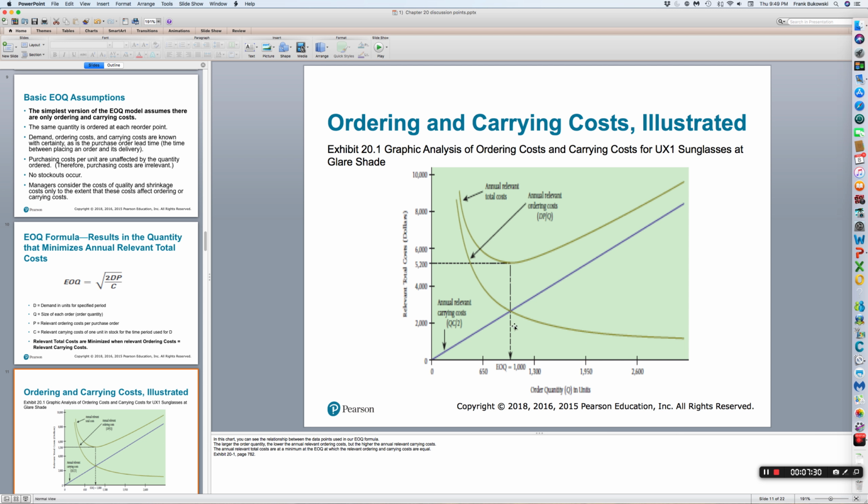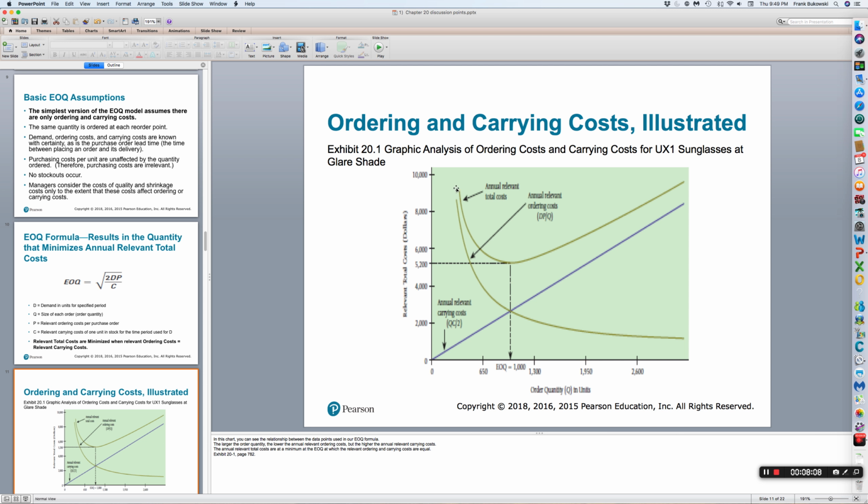So if we put together our annual relevant carrying costs plus our annual relevant ordering costs, we could come up with our annual relevant total cost, the sum of the ordering costs plus the carrying costs. And notice that it will start down sloping. So here we see the effect of our annual relevant ordering costs getting to the point of EOQ, and then after that it will start to increase due to the annual relevant carrying costs taking over.